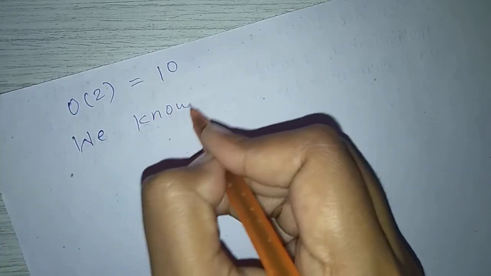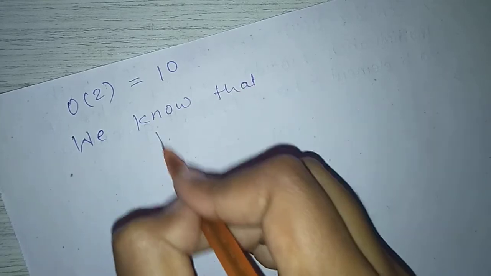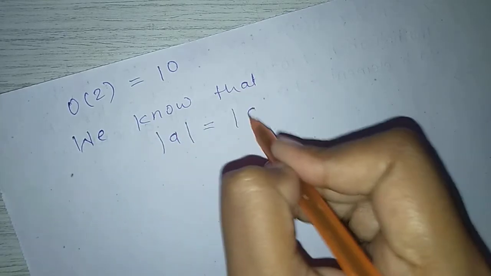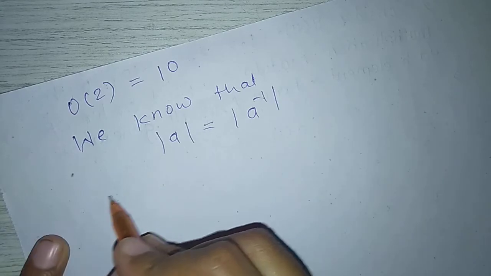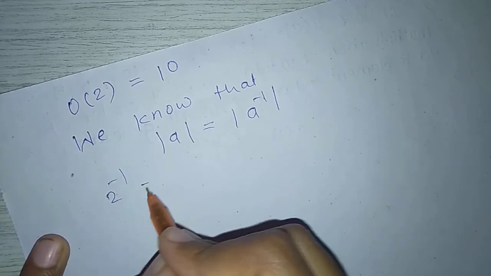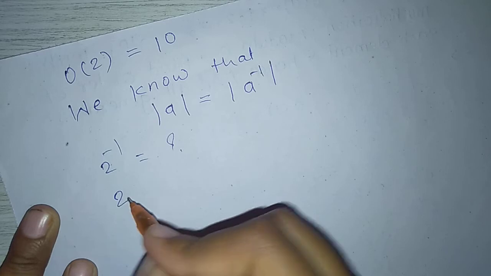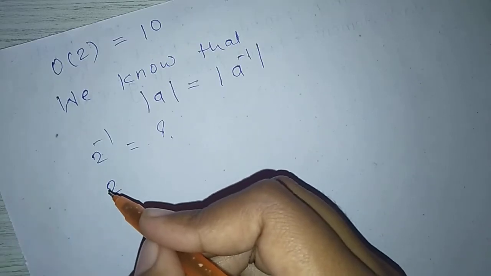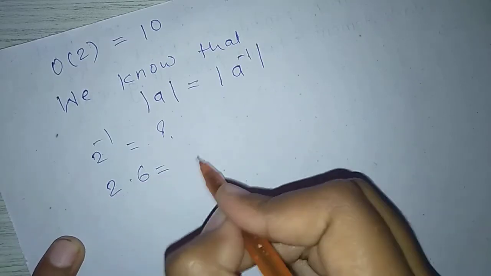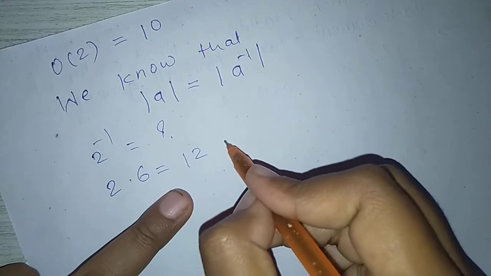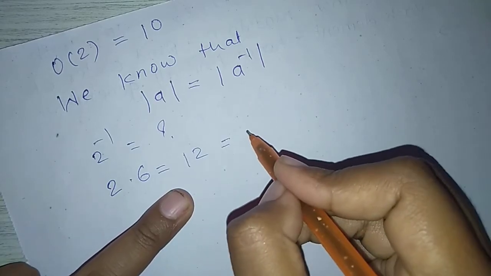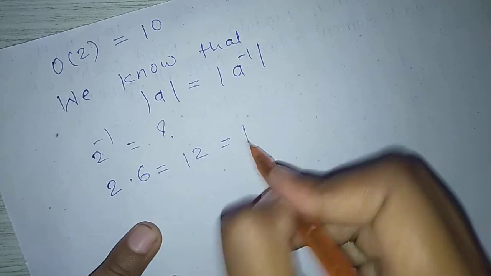We know that the order of a equal to the order of a inverse. Here 2 inverse is nothing but 6. 2 into 6 is 12, and under modulo 11, 12 is 1.